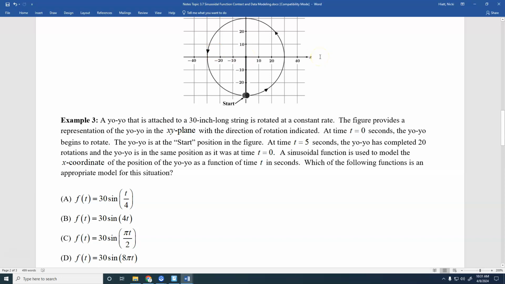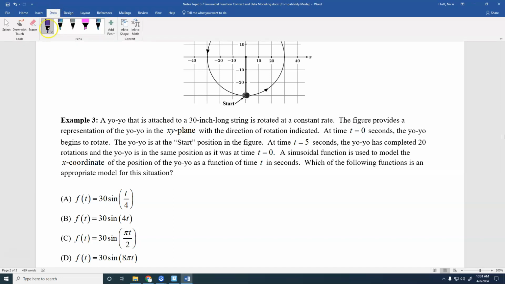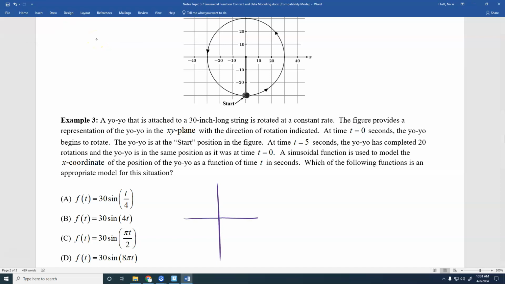So if we think about taking this circle, it's a lot like the unit circle. If we think about taking this circle and making it a graph where this is our height and this is our time. Okay, what is the highest point that the yo-yo is going to reach?